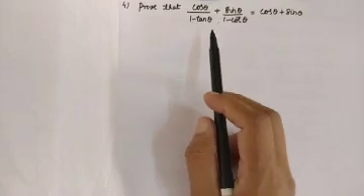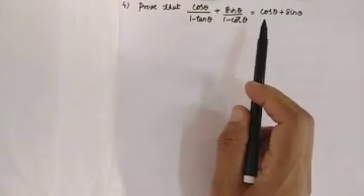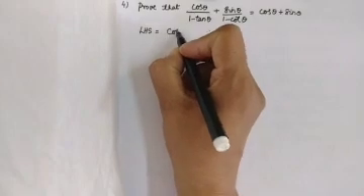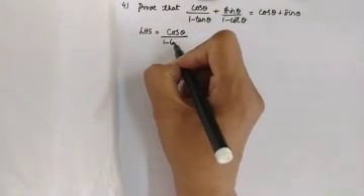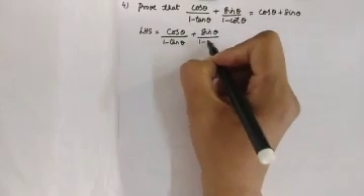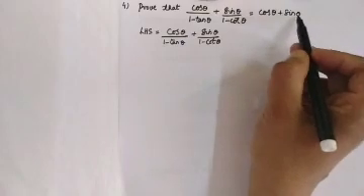Prove that cos theta by 1 minus tan theta plus sin theta by 1 minus cot theta equal to cos theta plus sin theta. Here the left hand side is cos theta by 1 minus tan theta plus sin theta by 1 minus cot theta. You want the right side in terms of sin and cos.